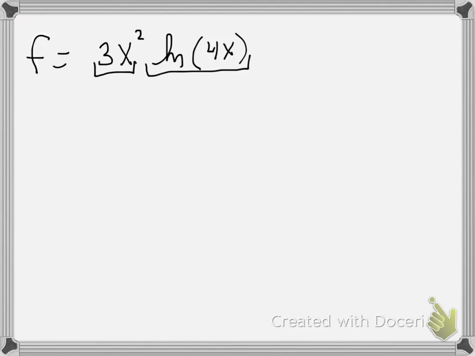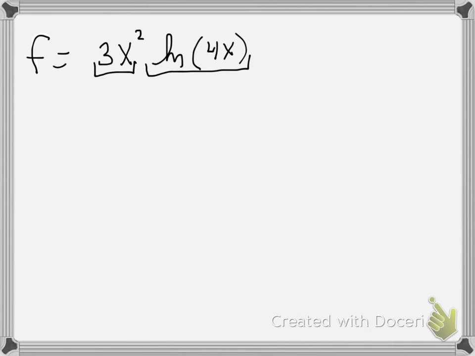Now, if we have a function that contains a logarithm, something like that. Now we're multiplying 3x squared by the natural log of x. We don't need to use logarithmic differentiation because we don't have a variable in an exponent.